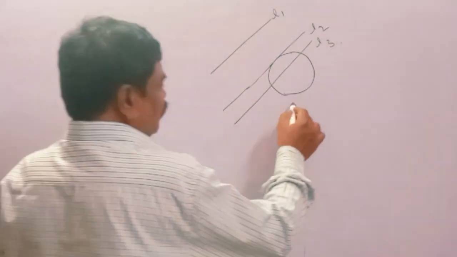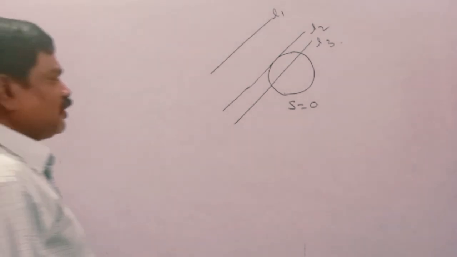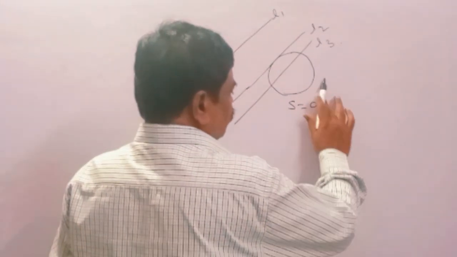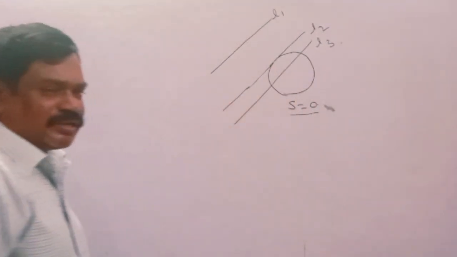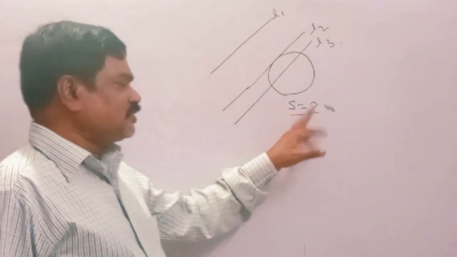This is the S is equal to 0 circle. Circle equation represented by S is equal to 0.